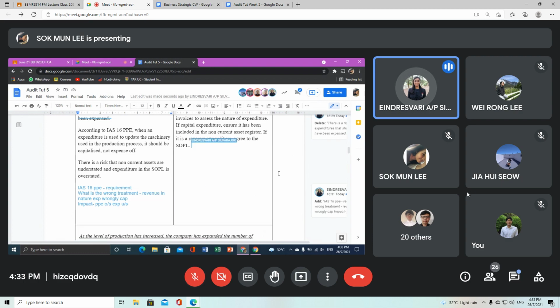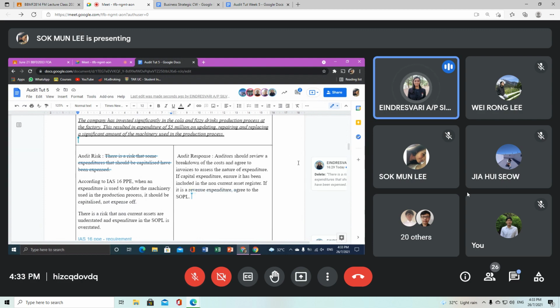Okay, what is the response? So auditor should review the breakdown. If you want to know whether it should be capitalized or expensed, you need to review the breakdown and look at the invoice and assess whether it is capital in nature or revenue in nature. Because you already explained here the IAS 16 requirement, you are not required to explain here another time. Okay?